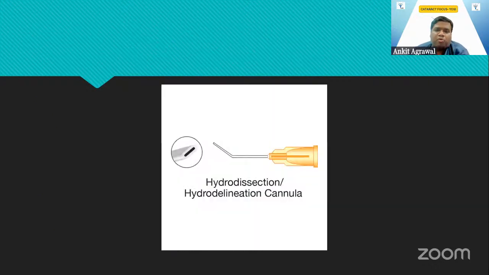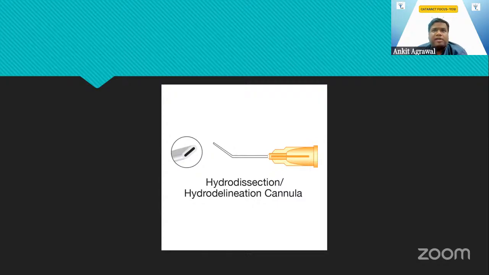So the most important tip I would like to give all the young surgeons here is to do hydrodissection using the proper cannula. See, what I see in practice is that any cannula is just used to do hydrodissection. What I would like to emphasize here is that a 27 gauge hydrodissection cannula, which is flat at the end, gives a very good control over the amount of fluid you are ingressing in the eye, as well as using a 2 cc syringe is very important.